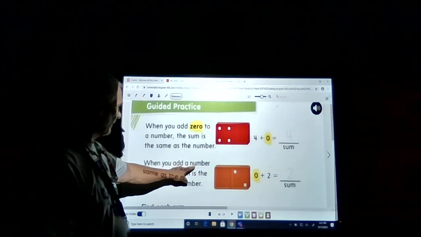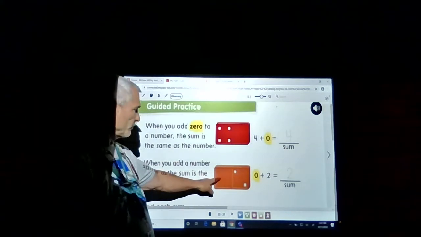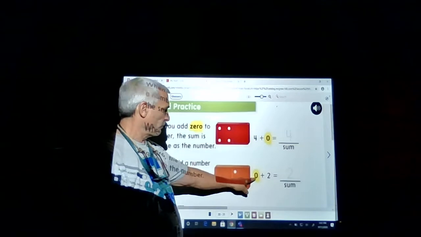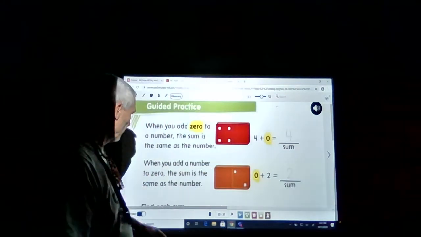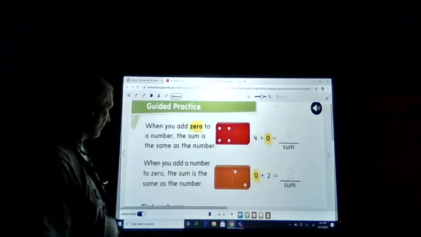When you add a number to 0, this time we're going to start with 0, and we add a number, 0 plus 2. The sum is the same as the number.